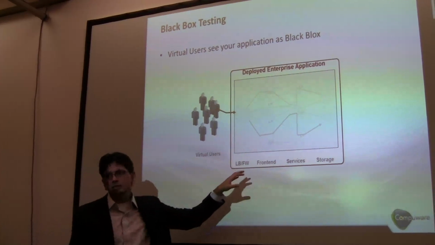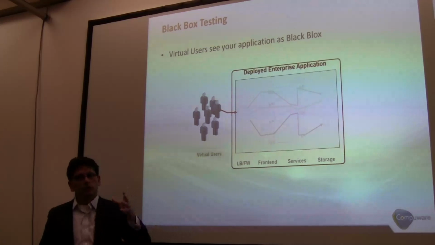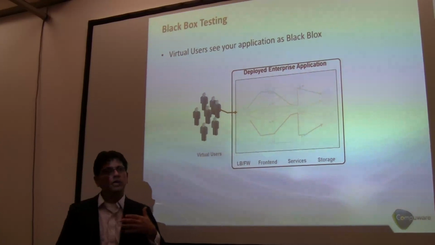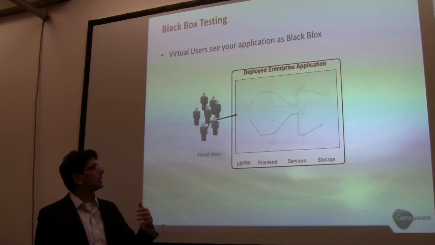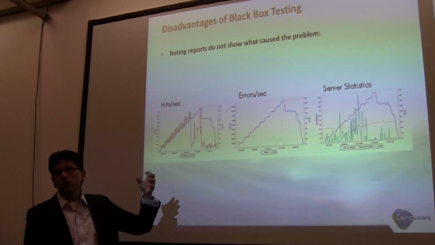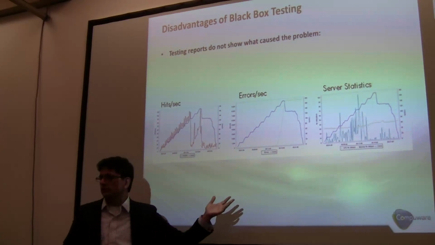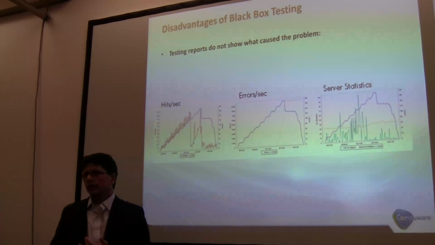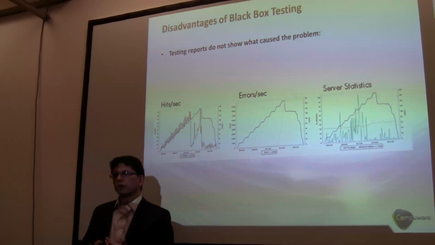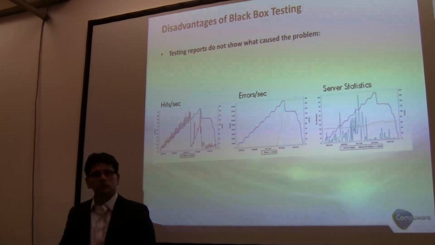But with black box testing, you put the load on, and what you get is an output, something like this, where you get your error rates, your statistical information in a matrix form like this. And so you see error rates, your throughput, that kind of information the load testing tool provides you.